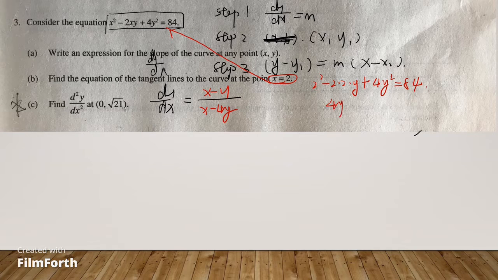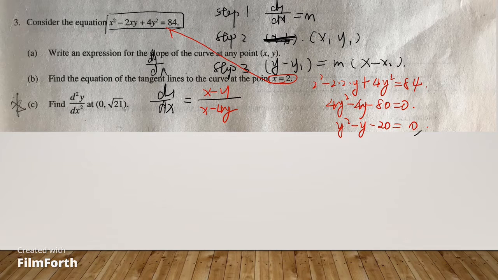So 4y squared minus 4y minus 80 equals 0. So y squared minus y minus 20, here divided by 4, equals 0.